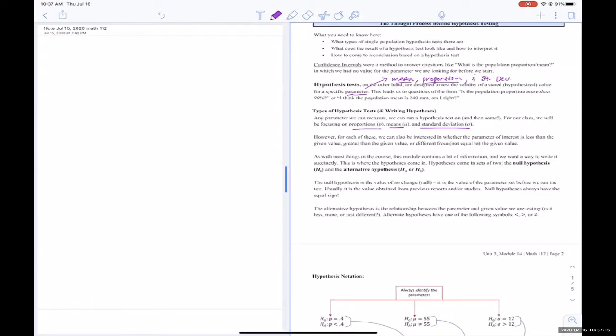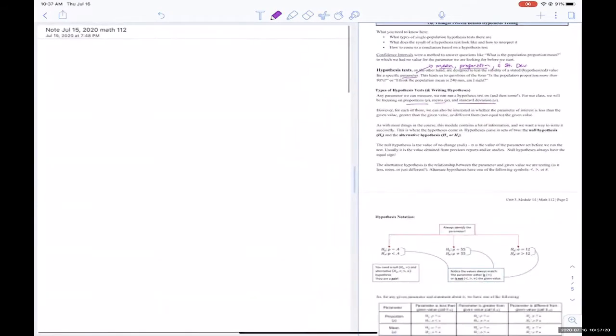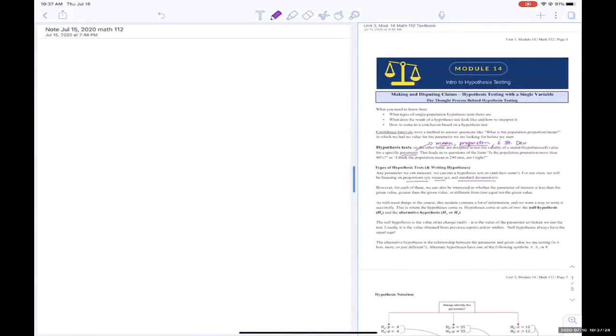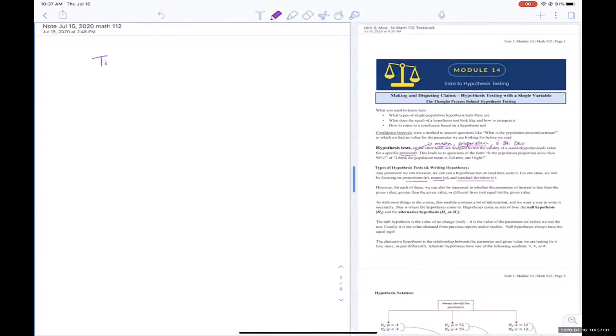So basically, Timothy is claiming that I'm a horrible basketball player, in terms of free throw shooting. So Tim says that my free throw percentage, we'll call that proportion, is equal to 40%.